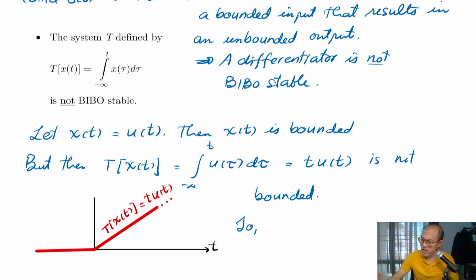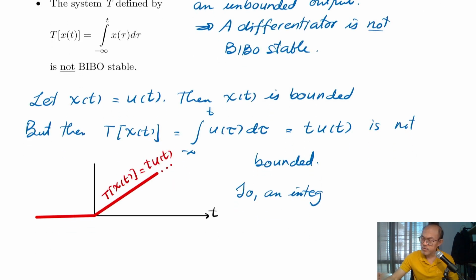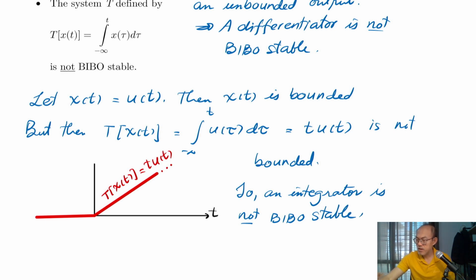This system is called an integrator because it integrates the input signal. And we have shown that an integrator is not stable because there is a bounded input that produces an unbounded output. So it is not stable.